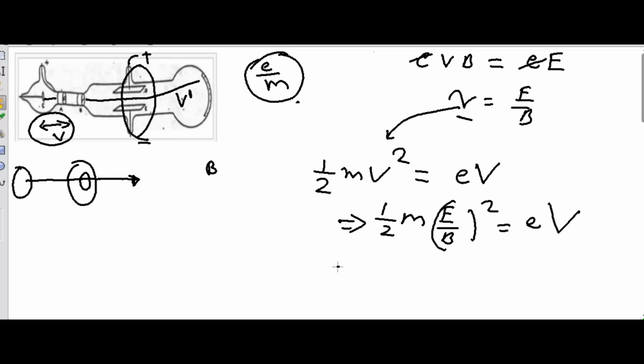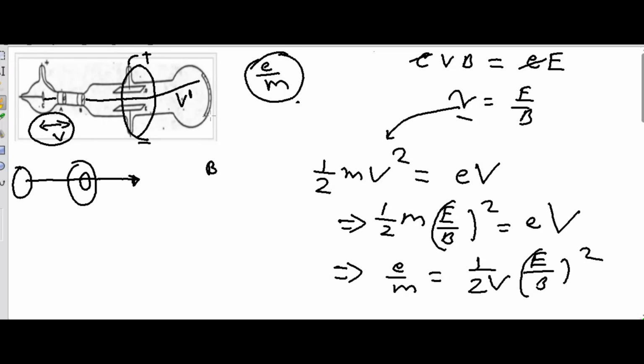So what will be e by m then? e by m will be obtained by taking this m to the denominator: e by m equals E by B whole squared, divided by 2V. Notice one difference. This V, this potential, is the potential across the cathode and anode. This E is the electric field, not the electric field between the cathode and anode.